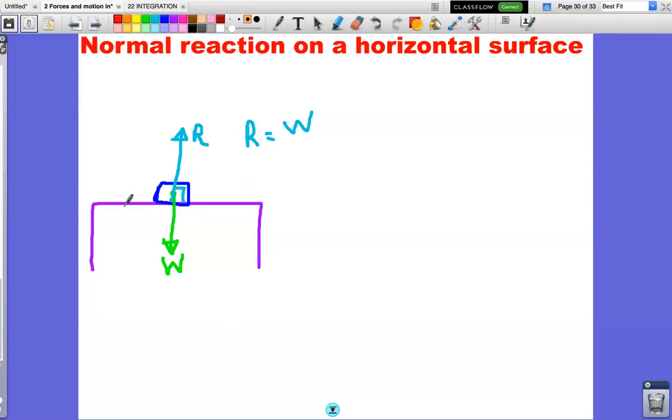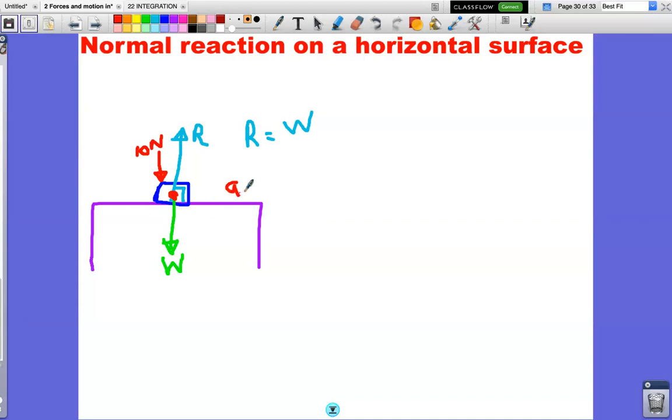Let's say that this book is lying on this surface and then you push on this book also. You go ahead and apply another force on this book. If you push on the book downwards, let's say you push with a force of 10 newtons, for example, then you did not change the weight of the book, right? The weight remains as it is. But again, as you are pushing, the book is not accelerating down.